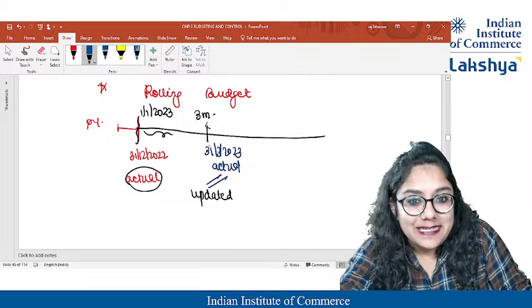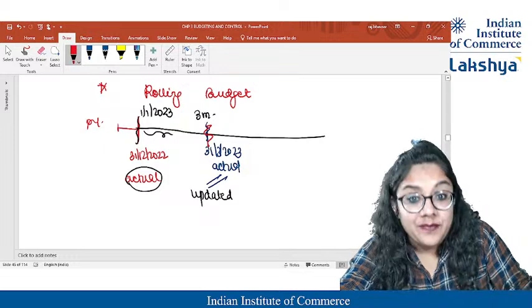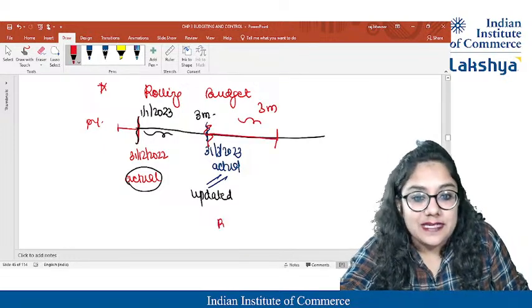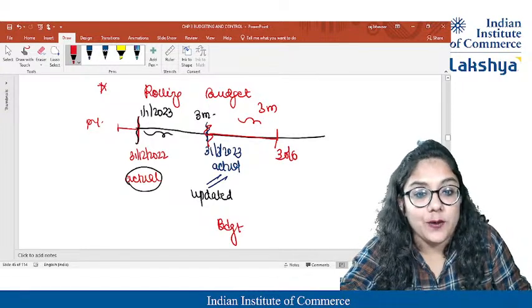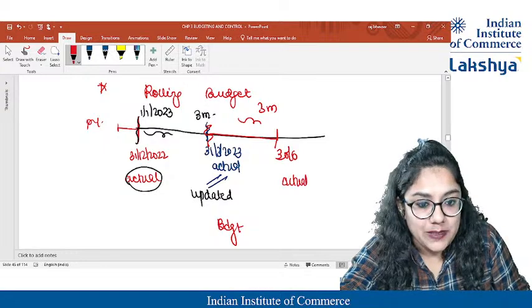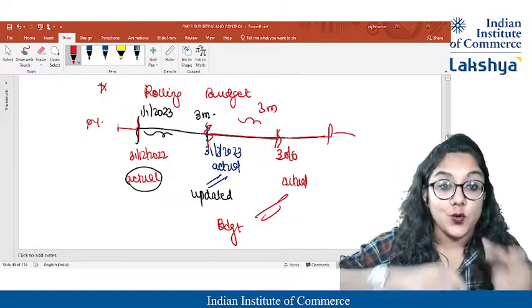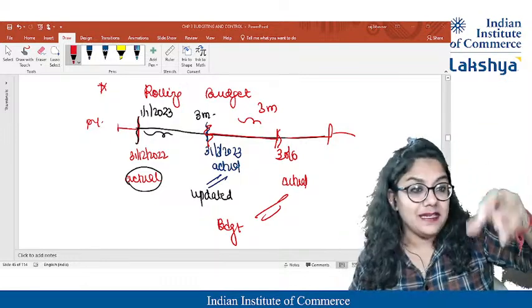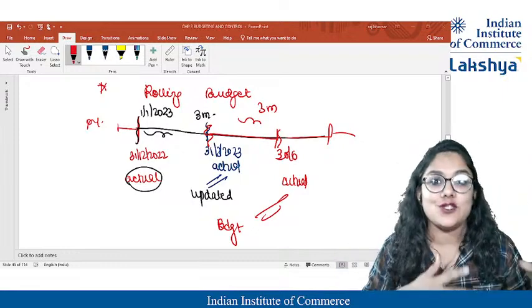So I can compare it over here, and sitting at this day, I can make a further budget for the next 3 months. On this date, again, I'll make a budget. Again, on 30 June, I'll compare the actual and the budget, and on this date make a budget for 3 months, and so on. That is known as rolling: comparing the actual, making the budgets, then on the date comparing the budgets and the actual, again comparing the actual and making the budgets, and so on.